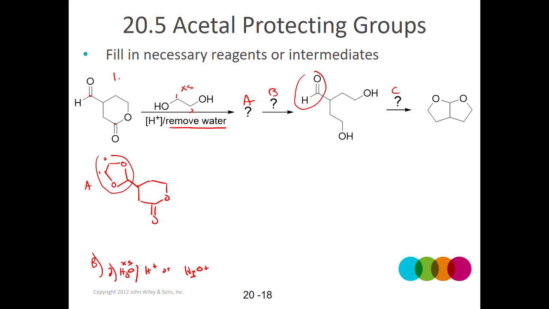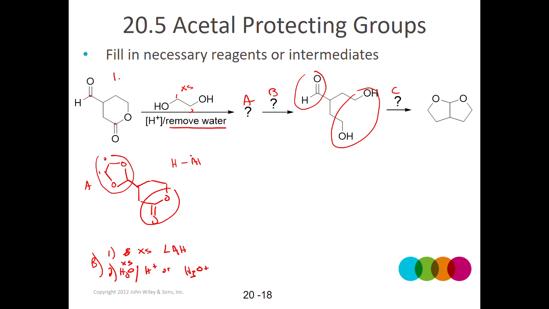What I want to do first is to react this ester group with whatever is necessary to open that up. And that is LAH. So I would use excess LAH. And again, LAH reacting with an ester, just to show that, right?